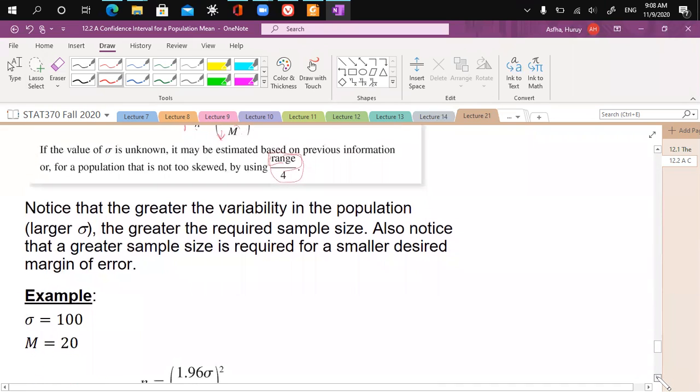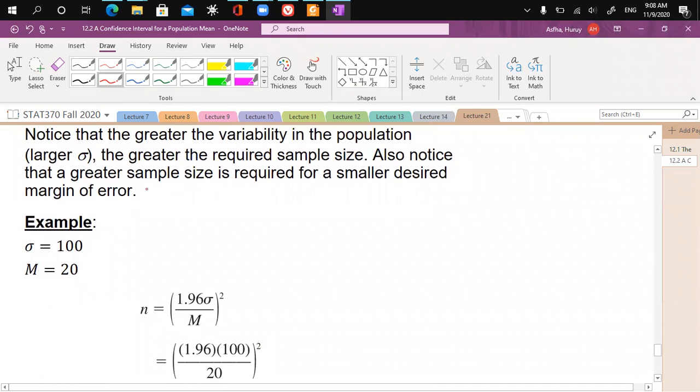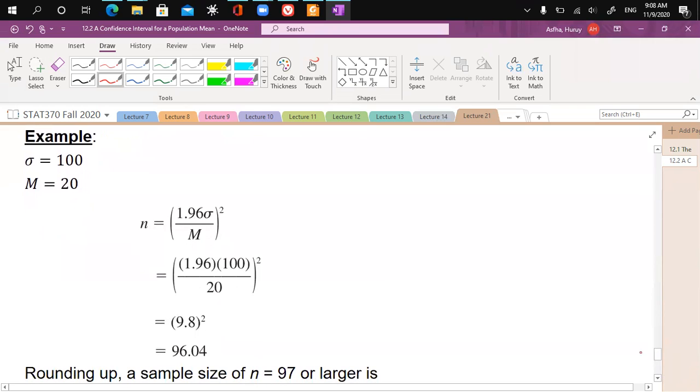Now suppose we have sigma equals 100 and m equals 20. Then n equals 1.96 times sigma over m, squared.